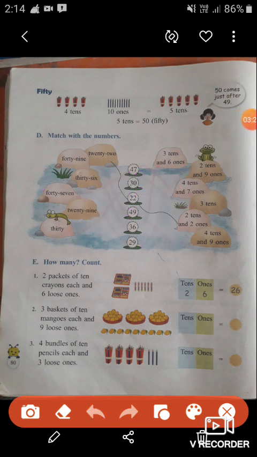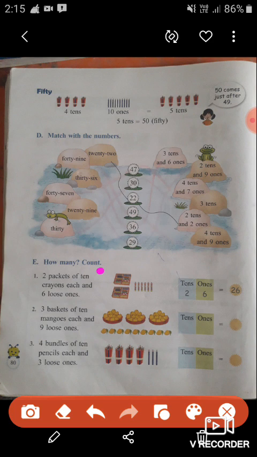Now let's come to question number E, how many. Here we have to count and write the numbers in the given space. First is already done for you. 2 packets of 10 crayons each and 6 loose ones.